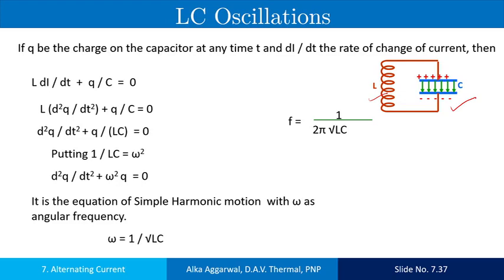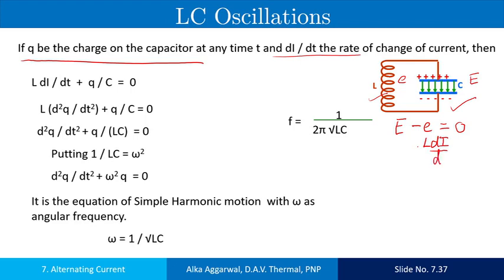Let Q be the charge on the capacitor and di by dt the rate of change of current. Let V be the potential across the capacitor and E the induced EMF. You know very well that when we apply Kirchhoff's second law in this loop, then V minus E equals 0. When we put the values, induced EMF is minus L into di by dt.